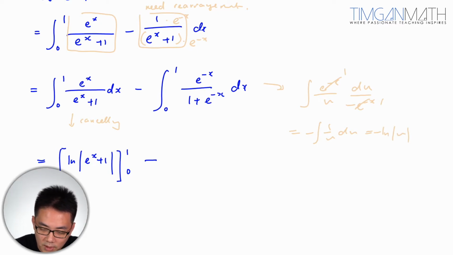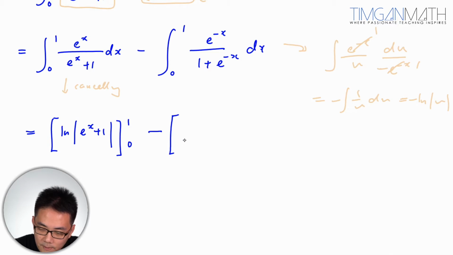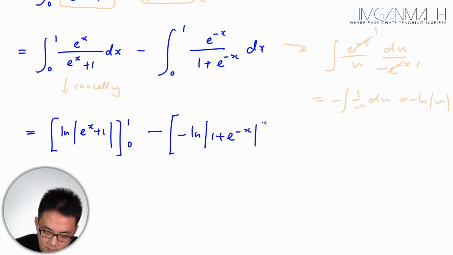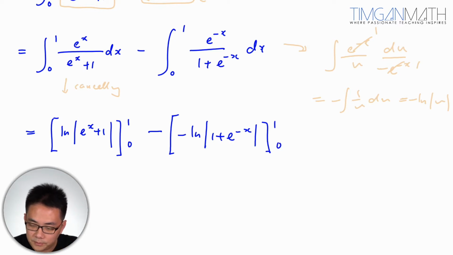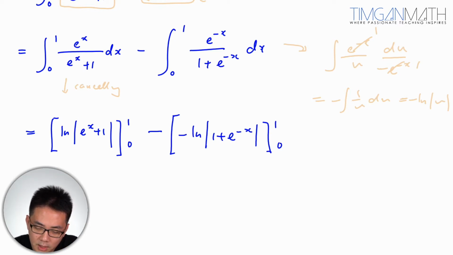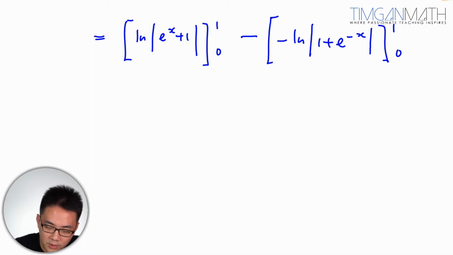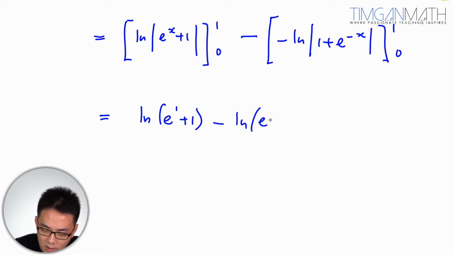So what I'm going to get is actually negative ln(1 plus e^(-x)) from 0 to 1. There you go. Once done, we're going to just substitute: ln(e^1 plus 1) minus ln(e^0 plus 1). That's cool.